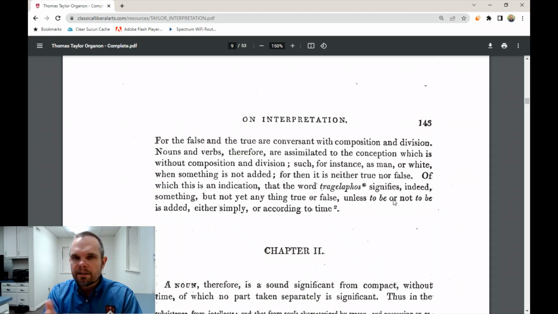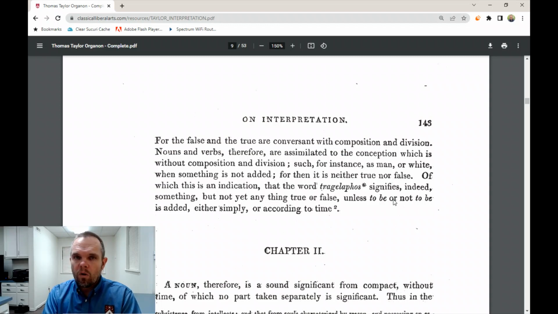The sun is not hot. That would be false. If I take the sun and cold and I divide them, I say, or I judge, that they are not to be joined. I say the sun is not cold. That statement is true.